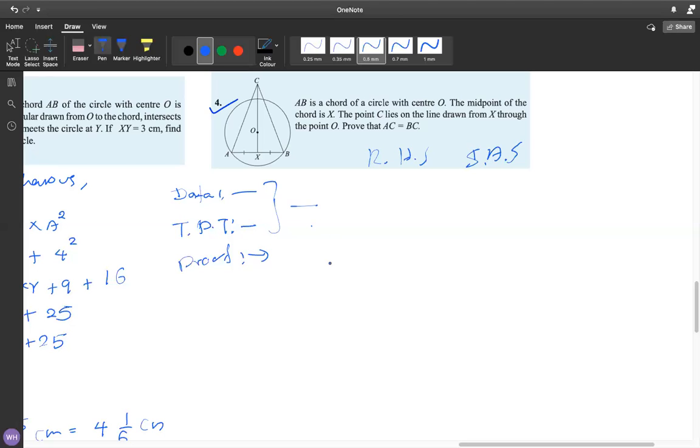So you can say that in the triangles AXC and AXB, okay, what will happen here?